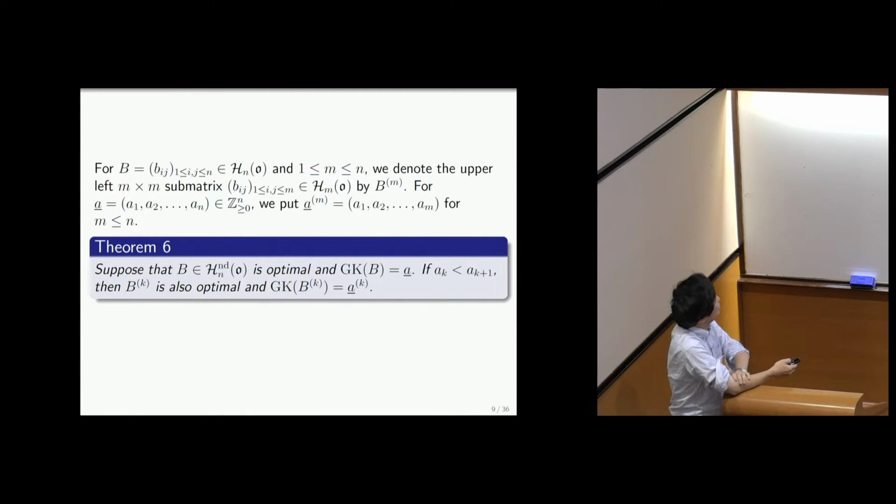For a half-integral symmetric matrix B, and m an integer between 1 and n, we denote the upper left m by m submatrix of (b_ij) by B^(m). For a sequence a_1, a_2, and so on, a_n, we put a^(m) to be the first m elements of a.